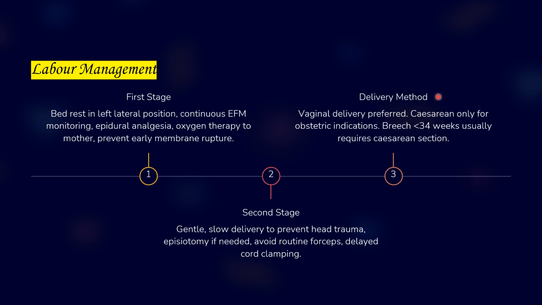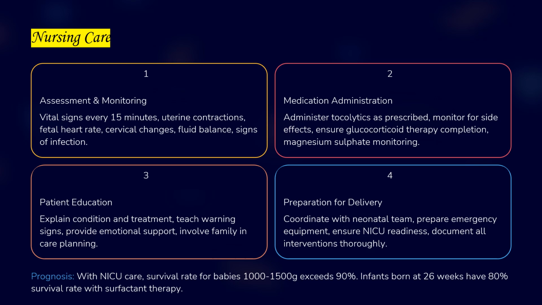Number three, the delivery method: the preferred one is vaginal delivery. Cesarean section should be considered only if it is indicated. But in a breech presentation with less than 34 weeks of gestation, in that case cesarean section is required. So now lastly, let's learn about the nursing care.